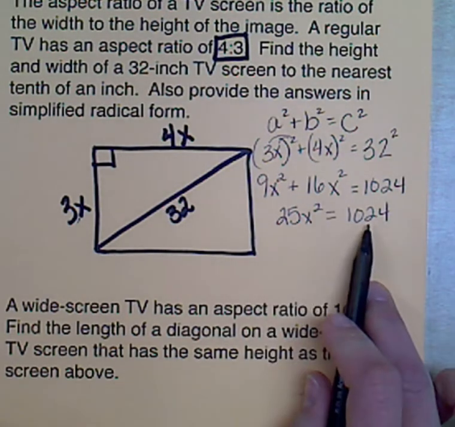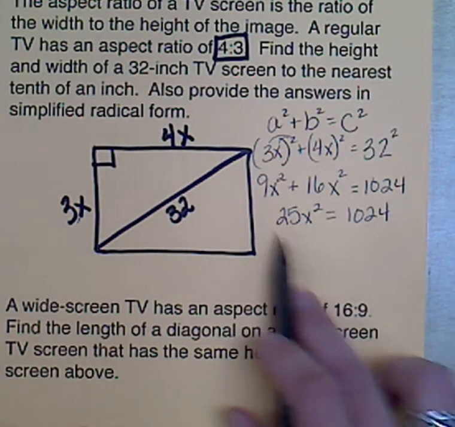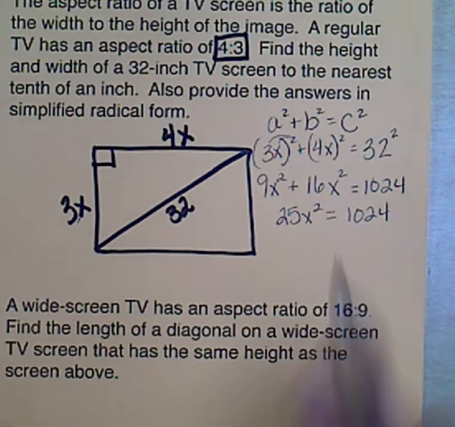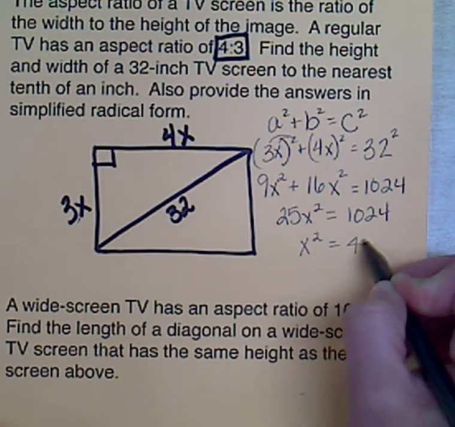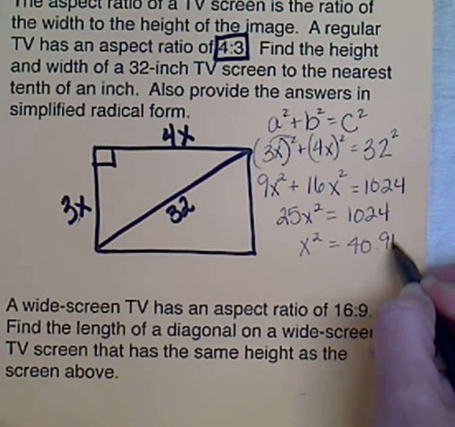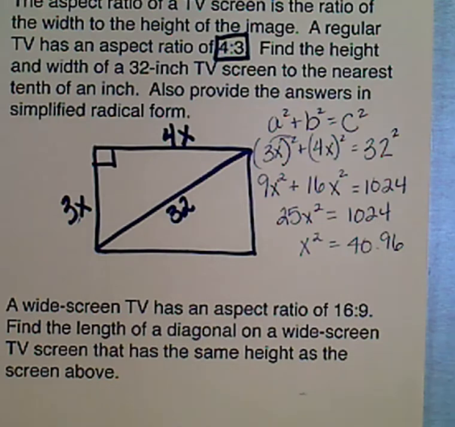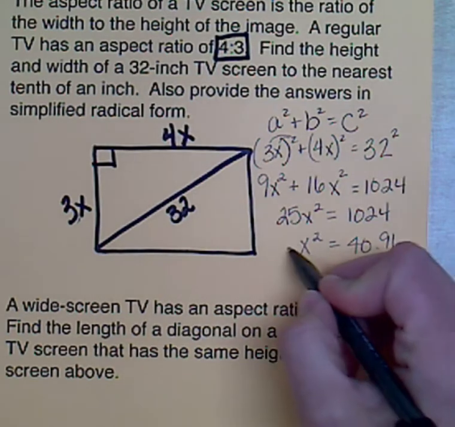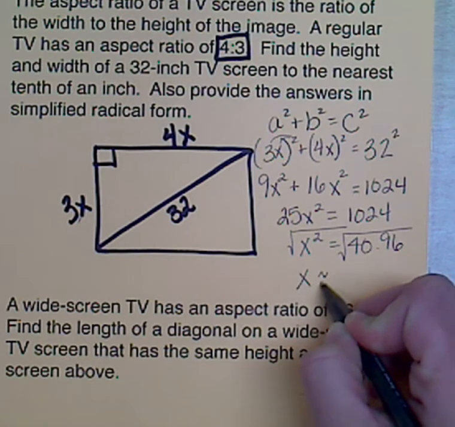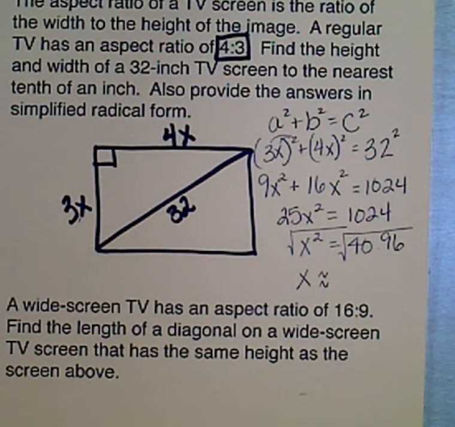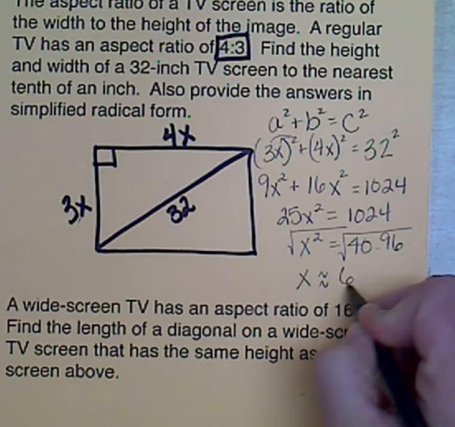Now, here you can see that there's no way 25 is going to go into 1024 evenly. So if you did divide, you end up with x squared equals 40.96. We're using the decimal right now. Square root of both sides, and we end up with x as approximately 6.4.